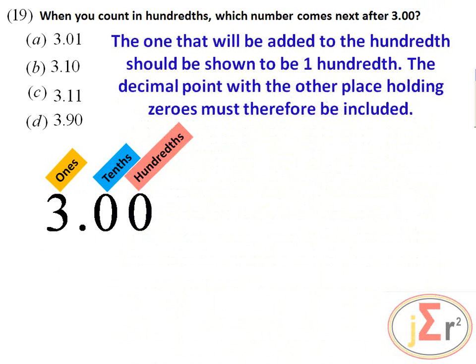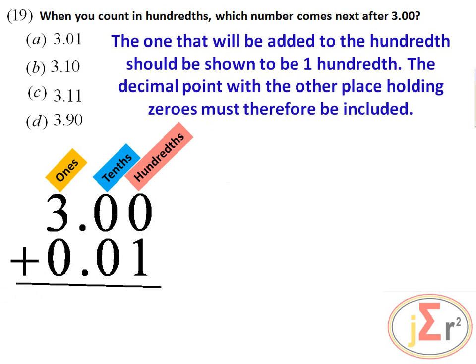The one that will be added to the hundredths digit should be shown to be 1/100th. The decimal point with the other place holding zeros must therefore be included. If we want to do it the correct way, we have to include the necessary place holding zeros. We need to also include the decimal point, and we need to have our proper addition format.